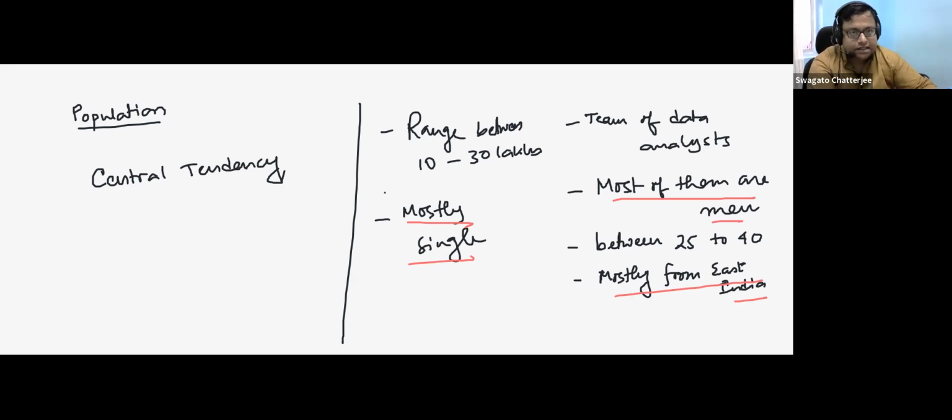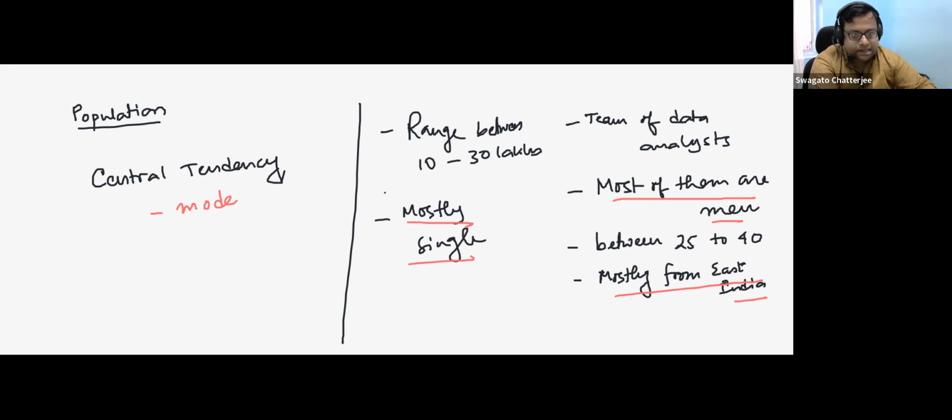Basically, this is called mode. We are describing it using mode in what situation? When the variable is not a numeric variable. In such a situation, we use something called a mode.